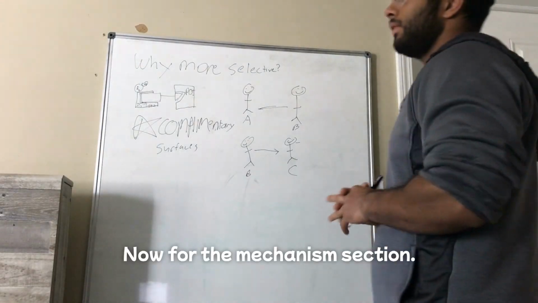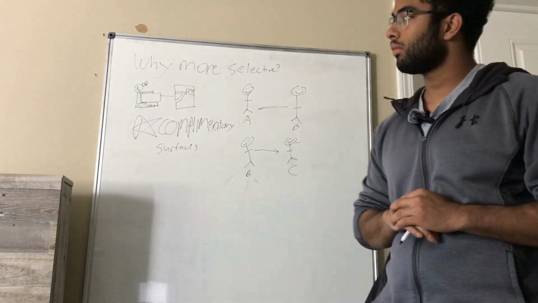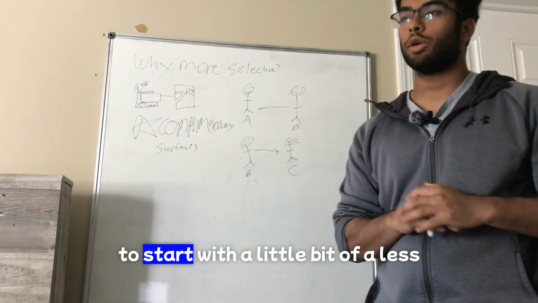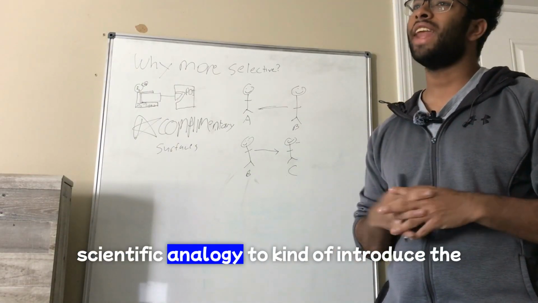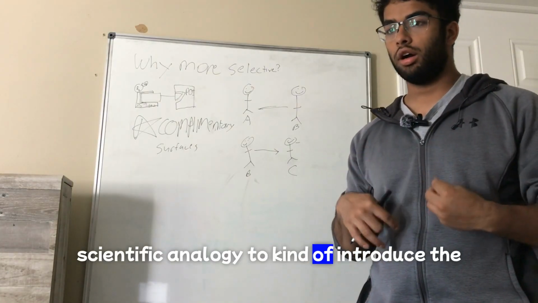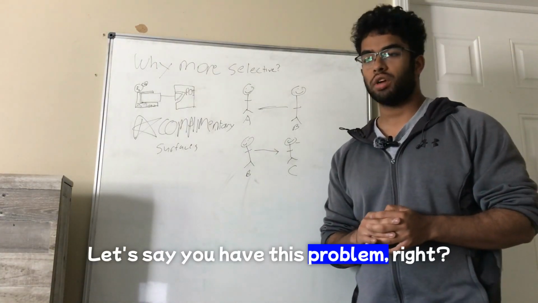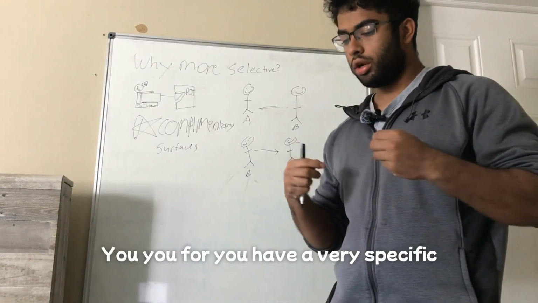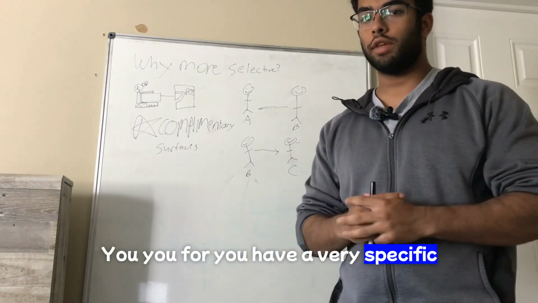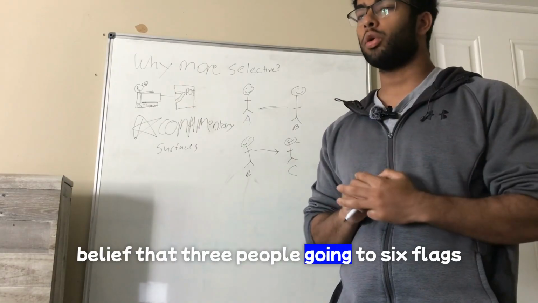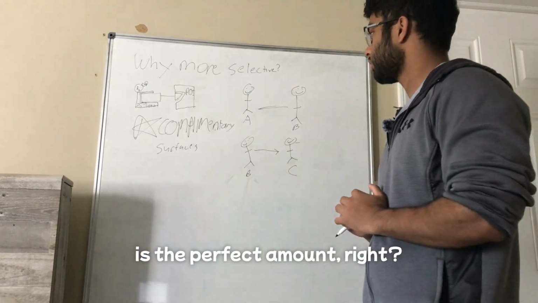All right, now for the mechanism section. To start with the mechanisms, I'm going to start with a less scientific analogy to introduce the idea. Let's say you have a very specific belief that 3 people going to Six Flags is the perfect amount, right?